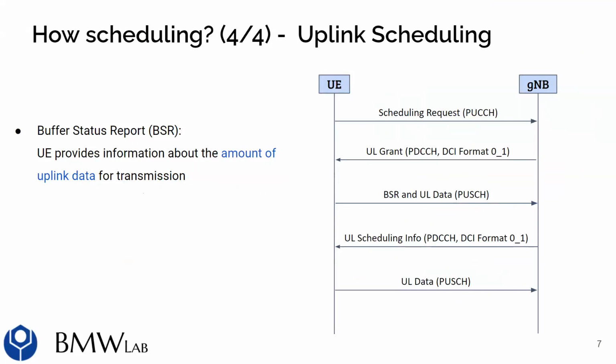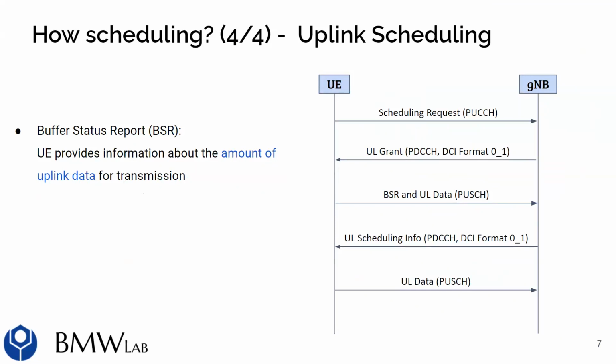So the gNB will send the uplink grant, and the uplink grant is also a DCI, which indicates where and when to put the resource for this UE. And then the UE already knows where it can put the resource. So the UE can send the uplink data, and also the BSR.